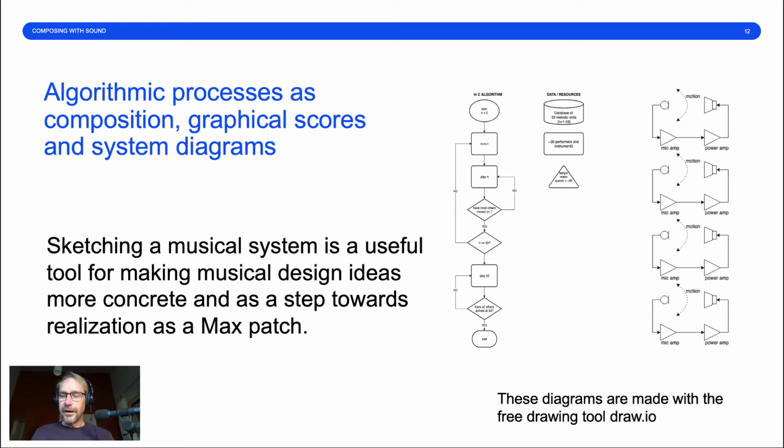So these two diagrams are produced with a free drawing tool called draw.io or diagrams.net. It's a great, simple to use and quite powerful diagramming tool, but a pencil and paper are equally powerful. And in some ways, scribbling with a pencil and paper is a great way to try out ideas, to develop and resolve problems, identify problems, and find solutions for them.